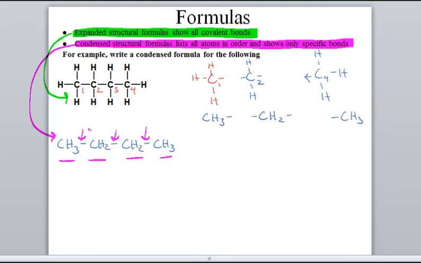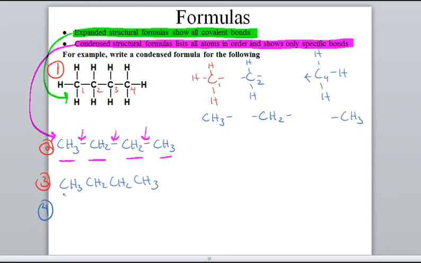We eliminated the bonds between the carbon and hydrogen, so why couldn't we write this butane structure without the bonds between the carbons? So you could write CH3, CH2, CH2, CH3. All of these structural formulas tell you that it's butane. This is one way of doing it with an expanded structural formula showing all the bonds. Here's a second way, here's a third way, and there's a fourth way.